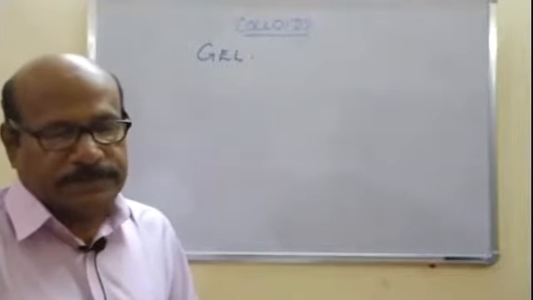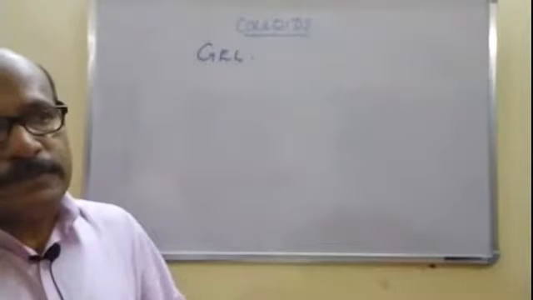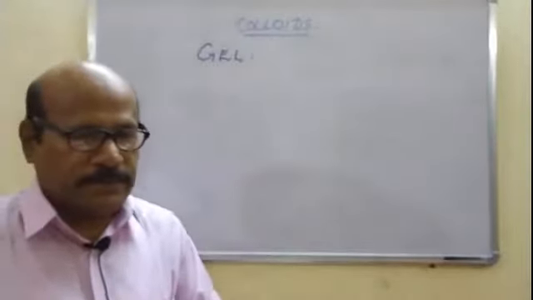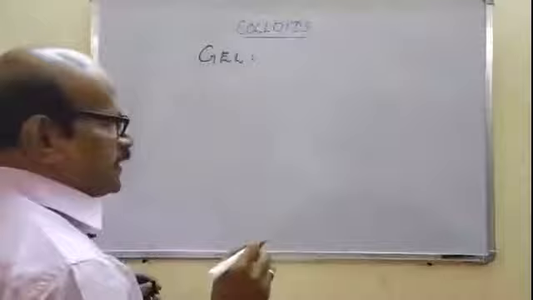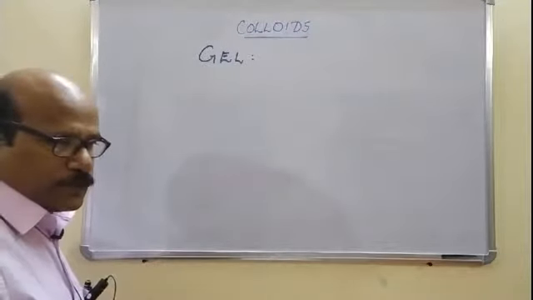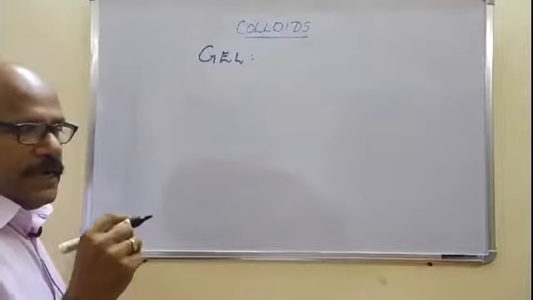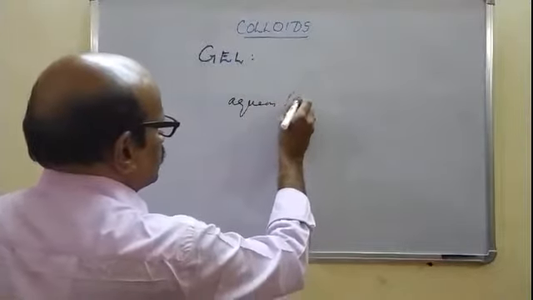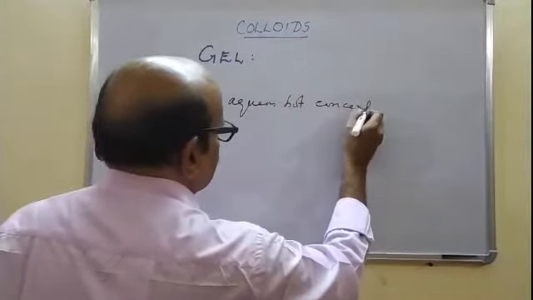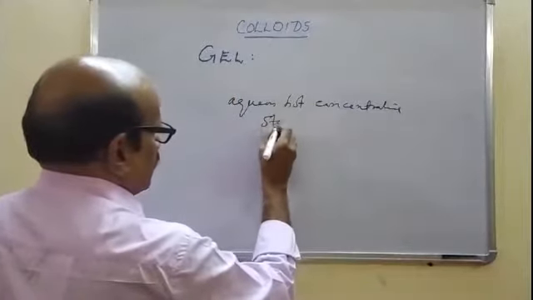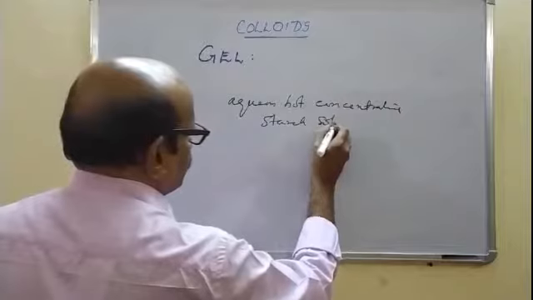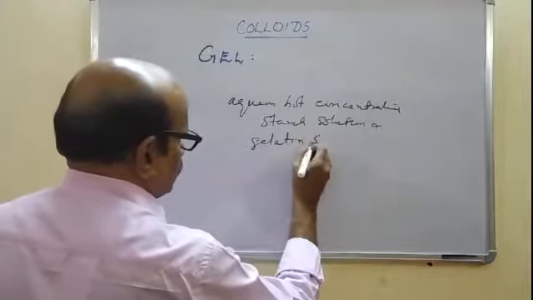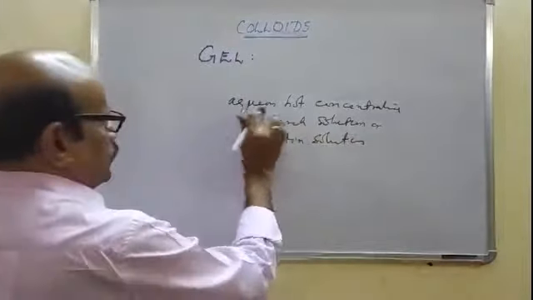or partly due to solvation. For example, when we cool a concentrated aqueous hot starch solution, starch is dissolved in hot water so as to prepare a hot concentrated aqueous lyophilic sol. It can be a hot concentrated starch solution or a gelatin solution.